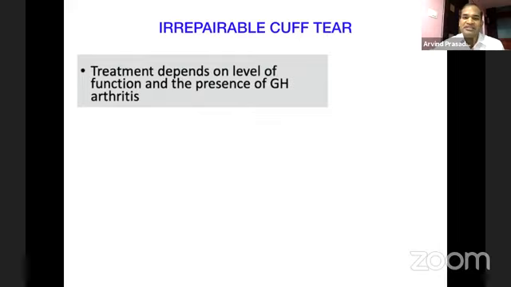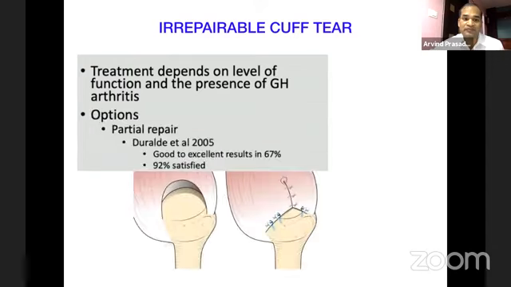And sometimes there is irreparable cuff tear also. So irreparable cuff tear treatment depends upon the presence of glenohumeral arthritis or not. If there is no arthritis, even partial repair has almost 67 to 92% success rate.